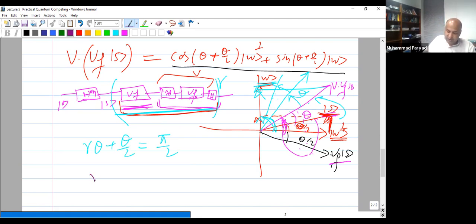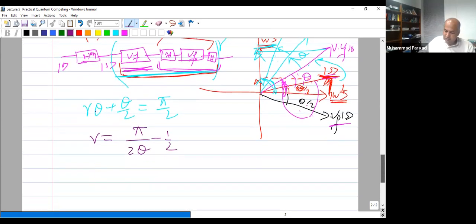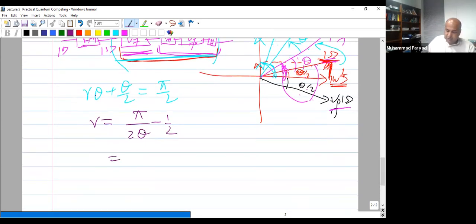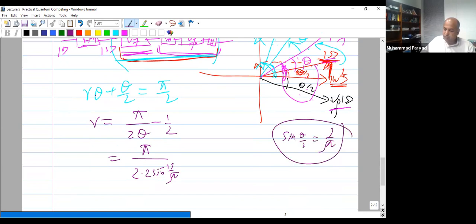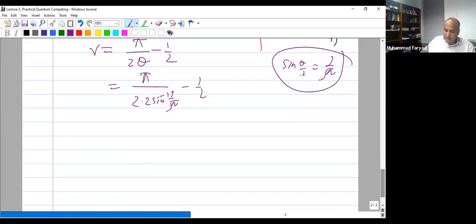So from here I can compute this R. If I take this theta common and divide it over there, this becomes pi over 2 theta, and this is half, so this becomes minus half. And this theta is nothing but, if you remember, 2 sine inverse 1 over square root of n, because sine theta by 2 was 1 over square root of n. So R is pi over 4 sine inverse 1 over square root of n, minus half.